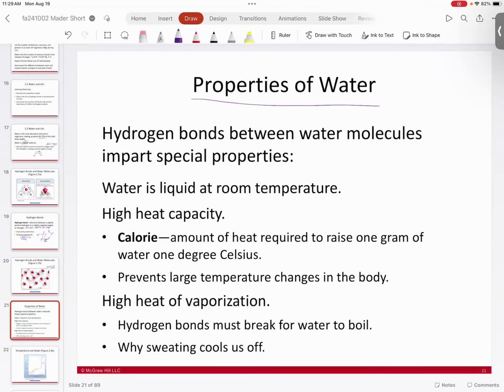Well, first of all, one huge property of water, an energetic property, is that water has a high heat capacity. Basically, this is the ability of a substance to absorb heat without changing temperature.